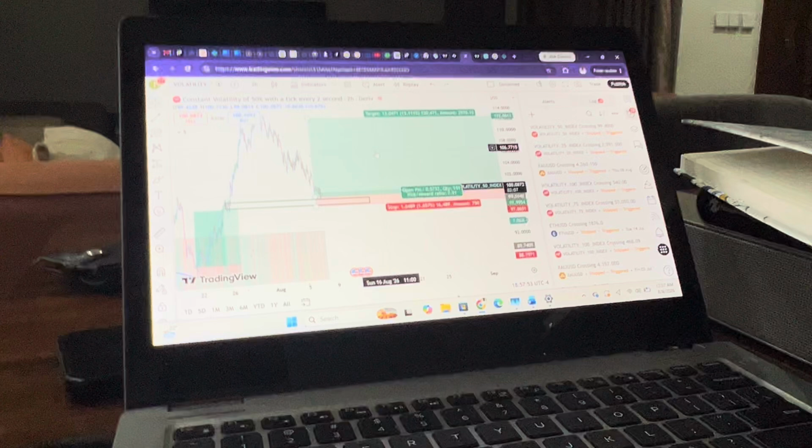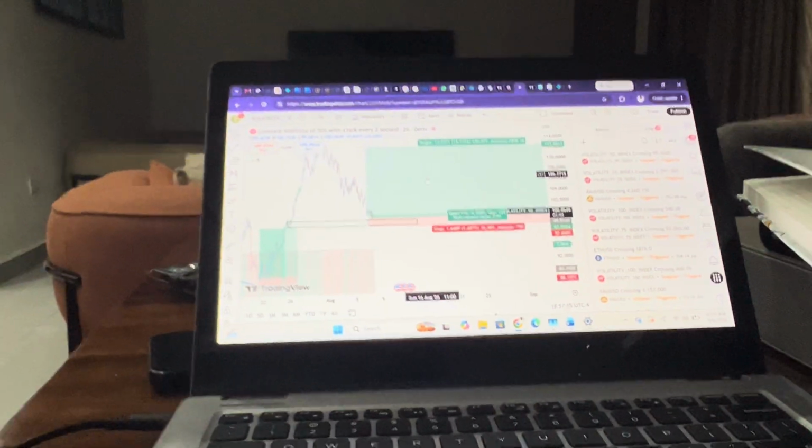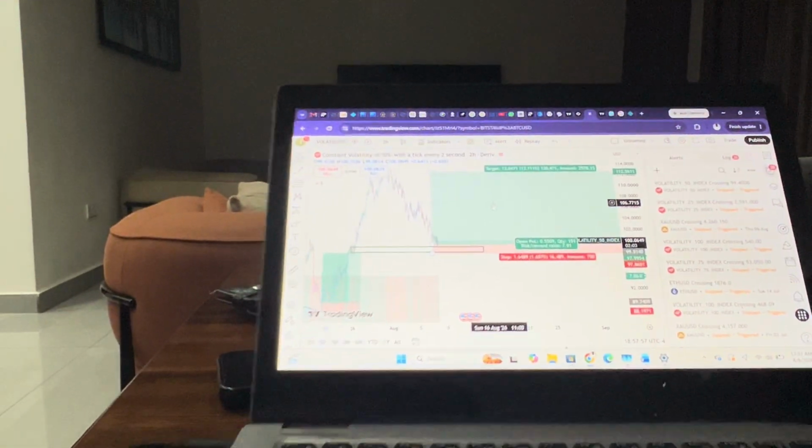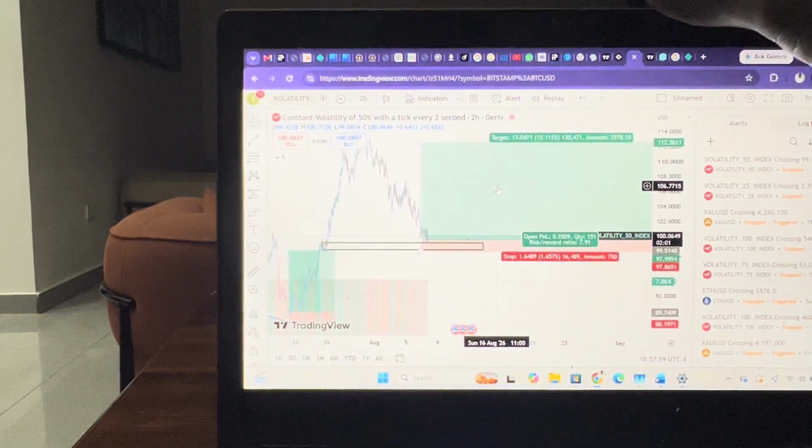My first trading strategy is the market order mechanism. So let's go. Market order mechanism. From here, what do we see?